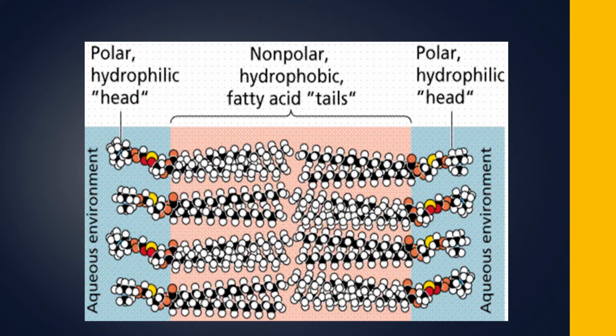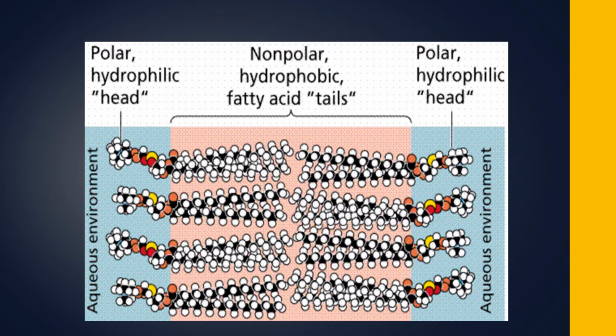To look closely at the phospholipid bilayer, this is how they are situated in the plasma membrane. So we have here the polar, hydrophilic head, and if you look at the center, these are the nonpolar or hydrophobic fatty acid tails. And on the other side again, we have the polar hydrophilic head.